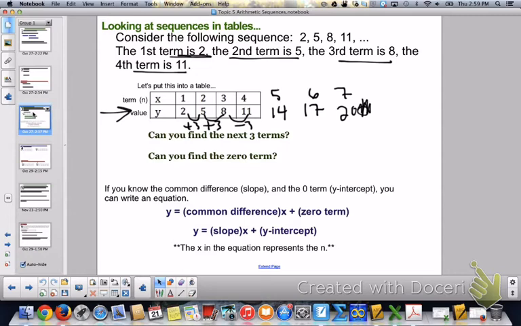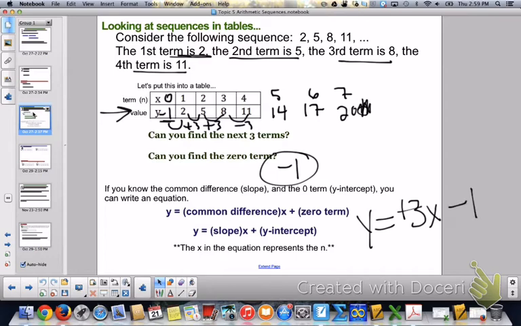Now the 0 term, if I had to go back 1, what plus 3 would give me 2? Yeah, negative 1. So the 0 term is negative 1. Now the common difference, we add 3 each time. So that's plus 3, 3x, and then plus the 0 term, plus negative 1, is minus 1. What does that stand for? The slope times x plus the y-intercept.